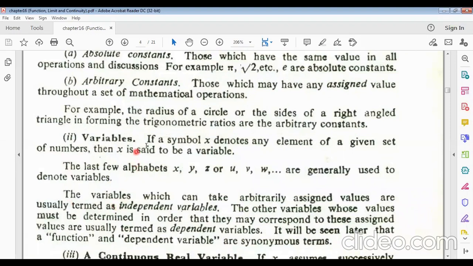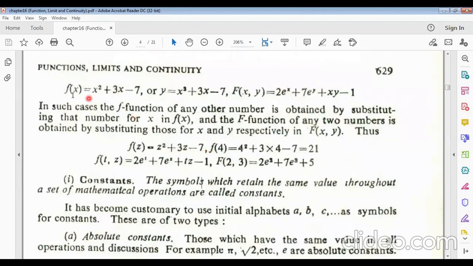Now what will be the variables? If a symbol x denotes any element of a given set of numbers, then x is said to be a variable. Suppose we have the function f(x) = x² + 3x − 7. Here x is the variable.